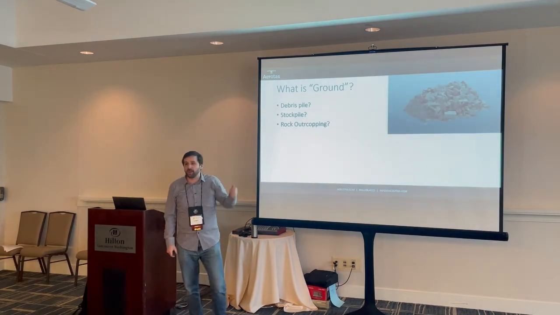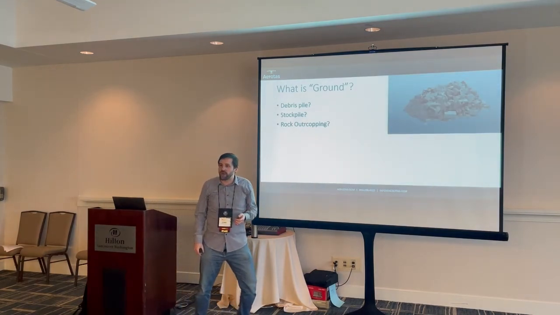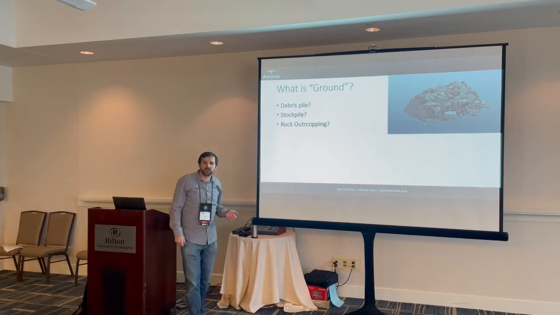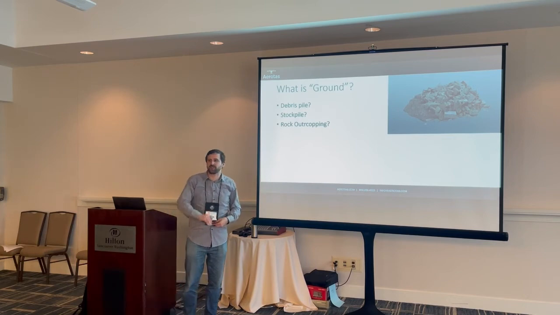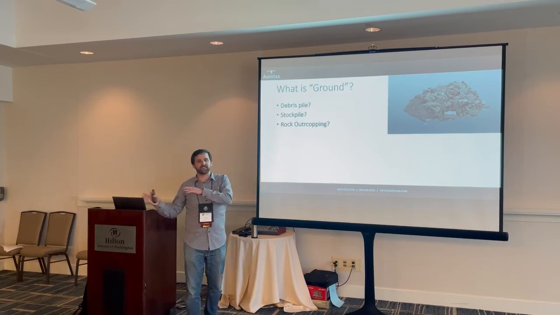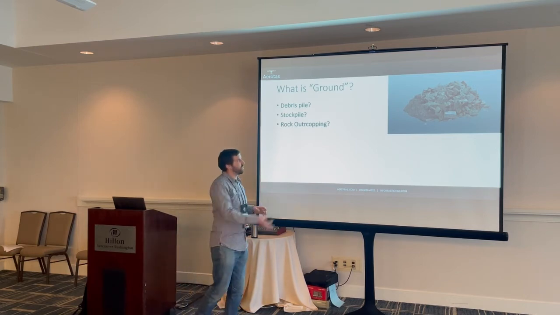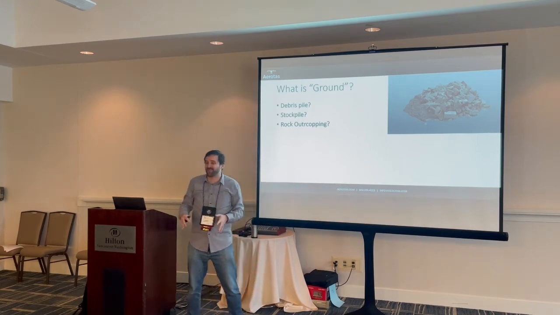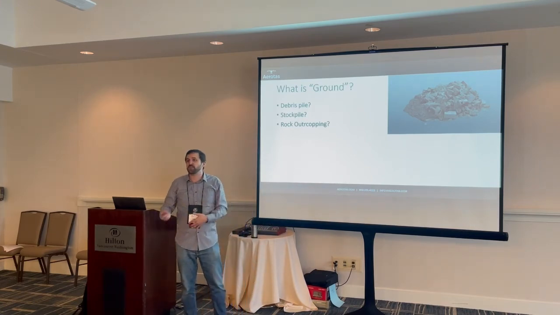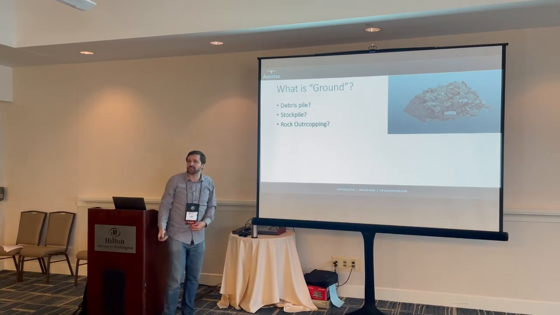Say you had that big pile of concrete. Would you call that ground? It's kind of a judgment call, right? In some cases you do want it to be ground, in other cases, no, that's trash. You exclude that as debris and you get the surface underneath, but that's rock and rubble. Maybe that's what you actually care about is calculating that surface. That's a judgment call and there's no right or wrong answer to it.